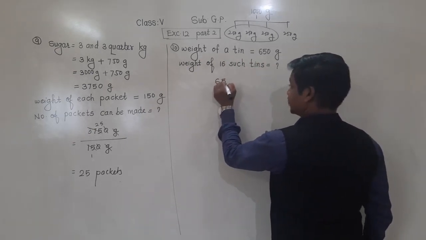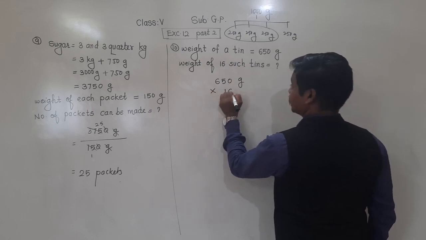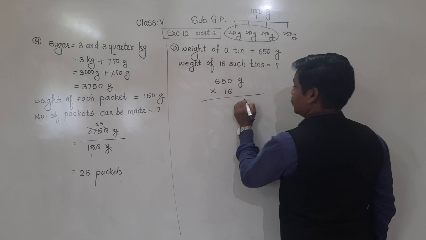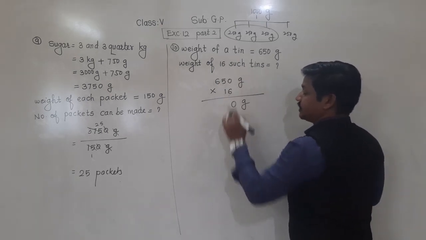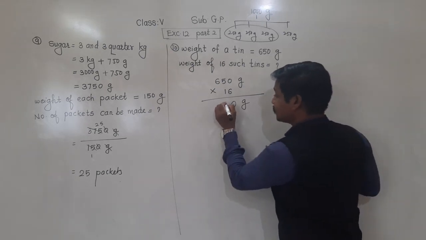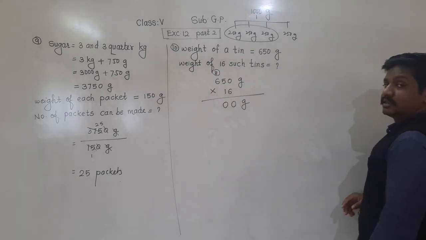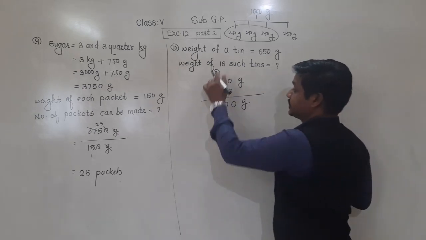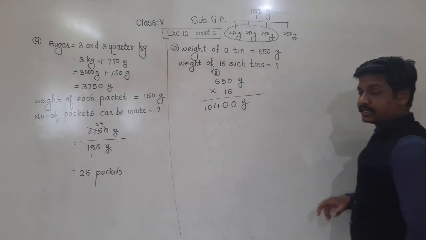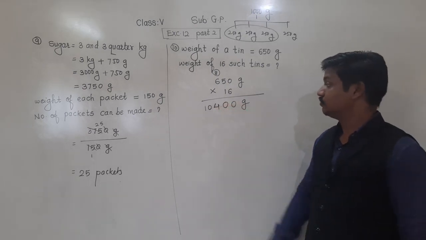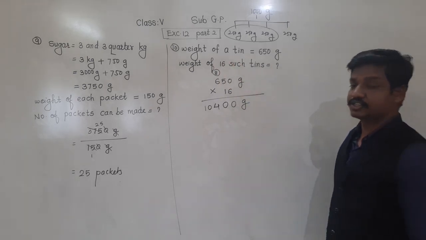Yes, multiplication. 650 into 16 gram. 16 zeros are 0, 16 5s are 80, so 0 will come down, 8 will be carried. 16 6s are 96 plus 8, 104. So 10,400 gram. This is the weight of 16 such tins.